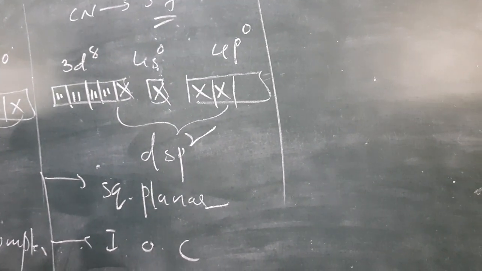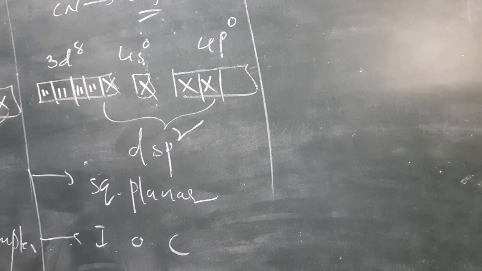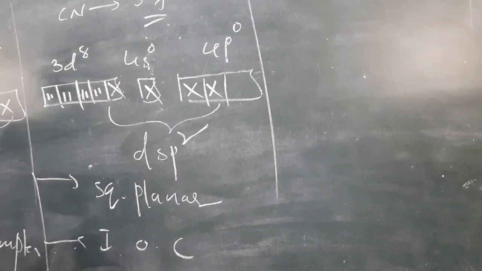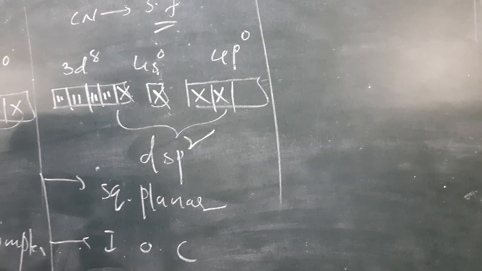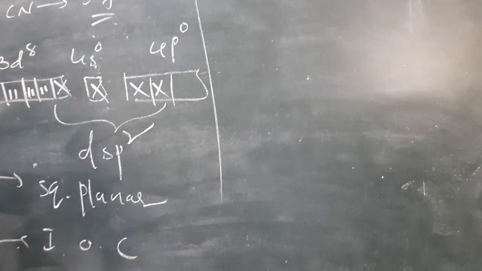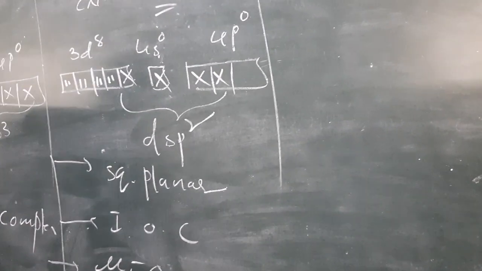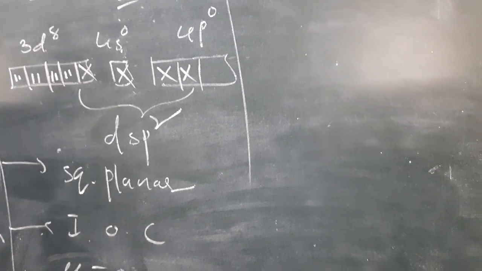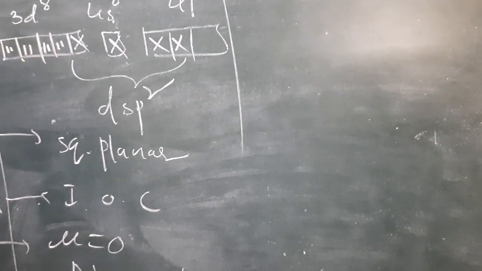Dipole moment mu equals 0, there are no unpaired electrons. And magnetic nature is also diamagnetic. This is again low spin because all electrons are paired.